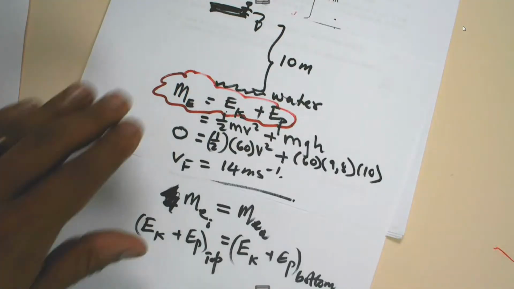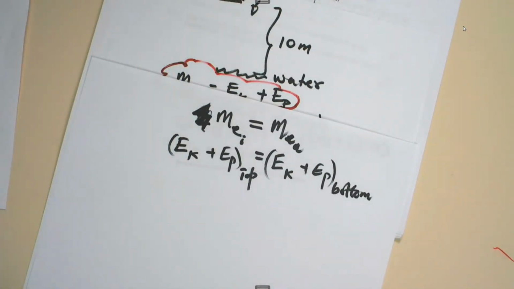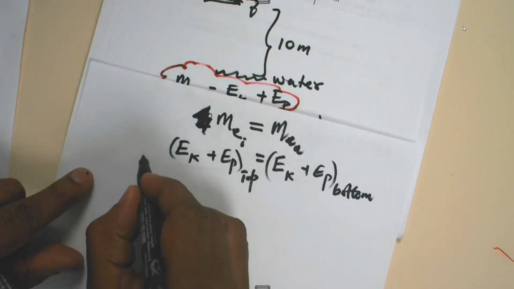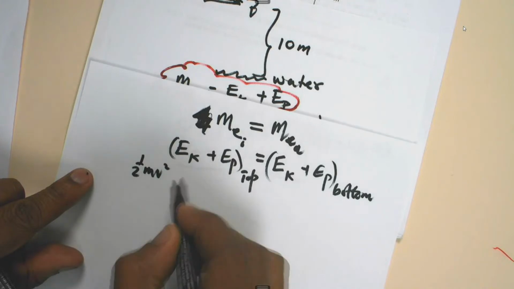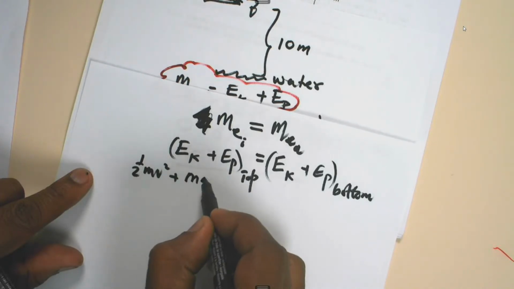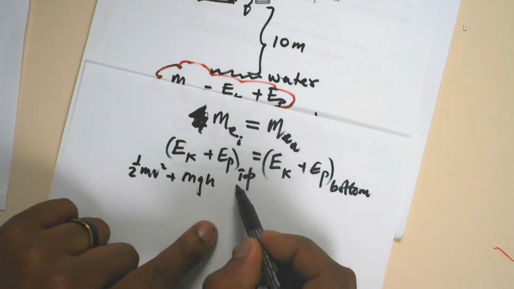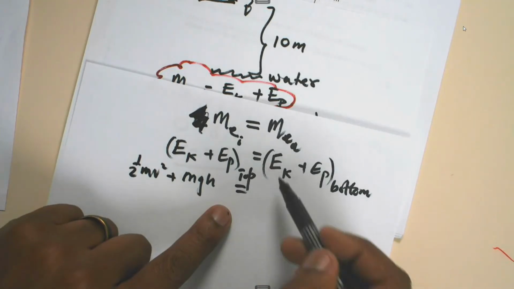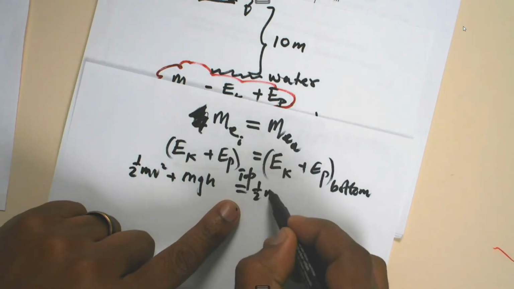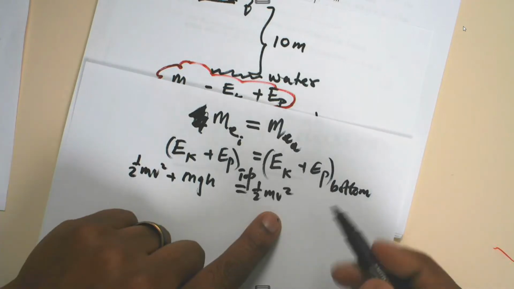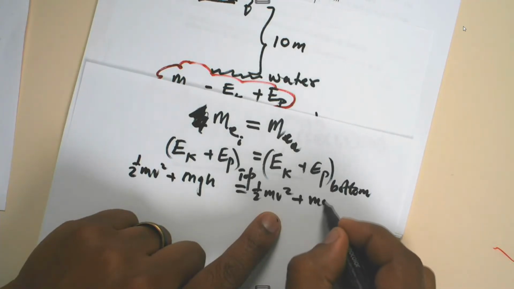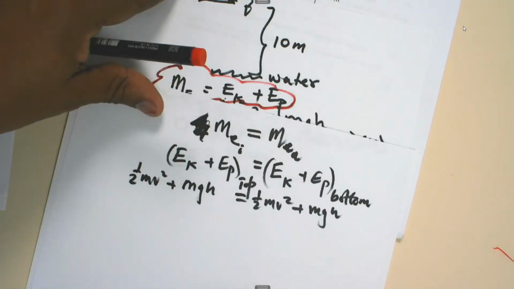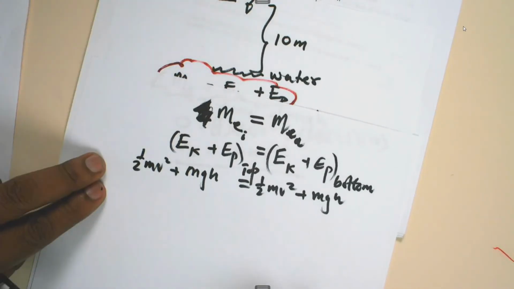You only get the correct answer because now if we check, we need to associate values here. Half of mv squared plus mgh at the top is equal to half mv squared at the bottom plus mgh at the bottom. So let's substitute our values.